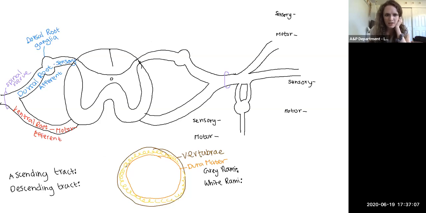This space is called your epidural space. If you've ever had a baby and you got an epidural, this is where they injected the anesthetic into you, into that epidural space. It has in it areolar connective tissue, adipose tissue, and blood vessels.